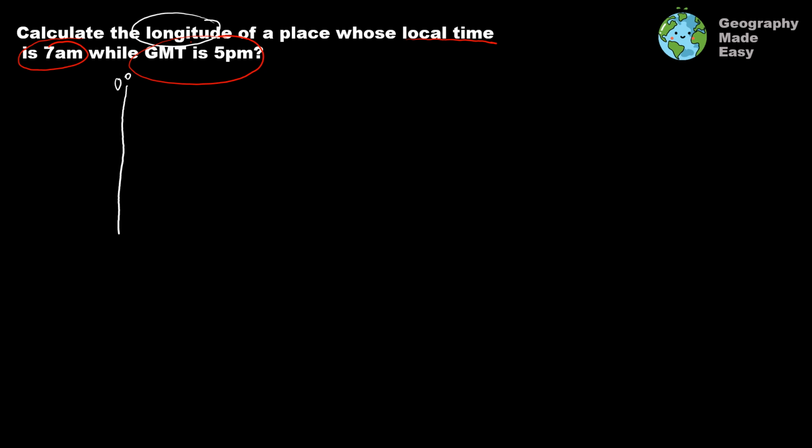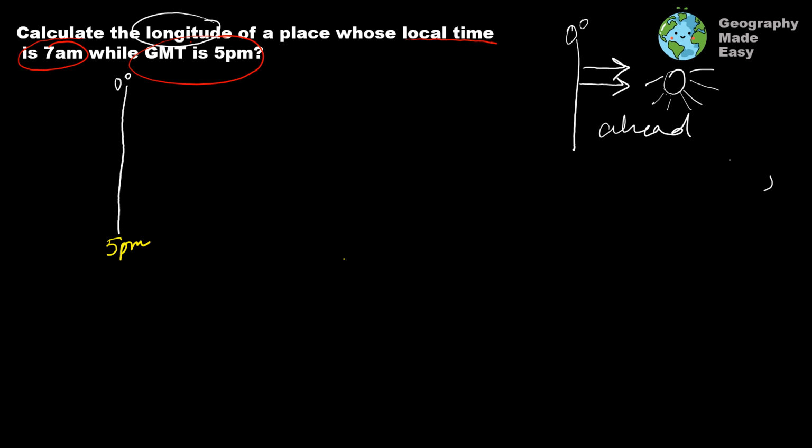So the GMT here is 5 p.m. Now the problem is how do we know whether it is in the eastern hemisphere or western hemisphere for this particular longitude. We do know that the more we move towards the east, so if this is 0, sun is rising here, the time is ahead, and in the western hemisphere the time is behind.